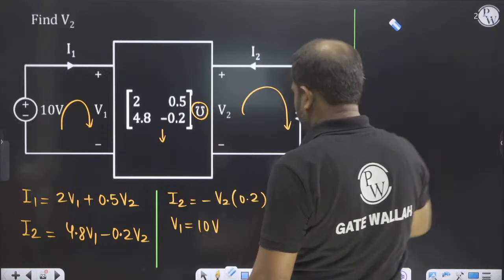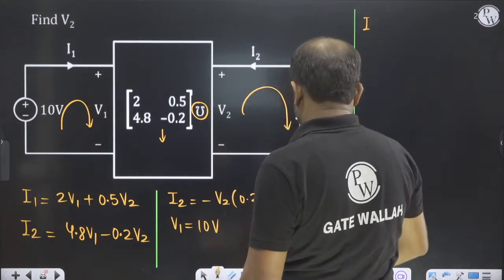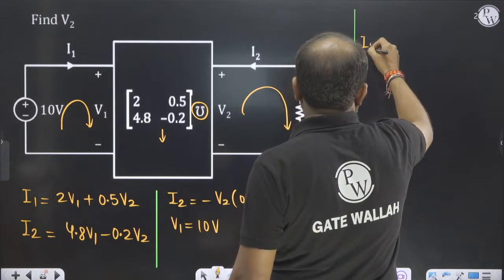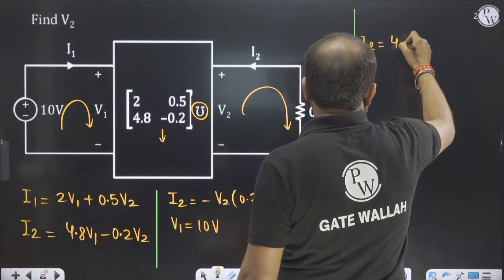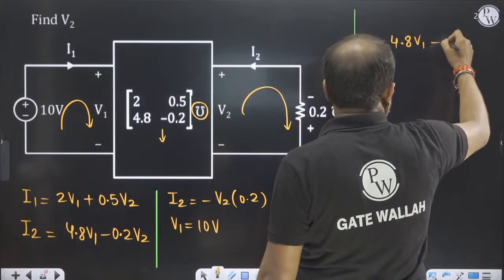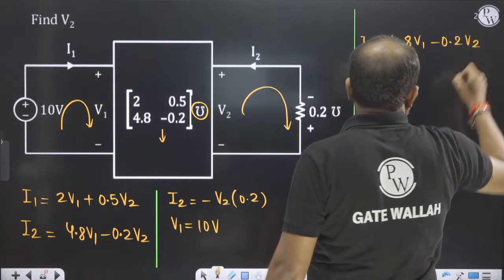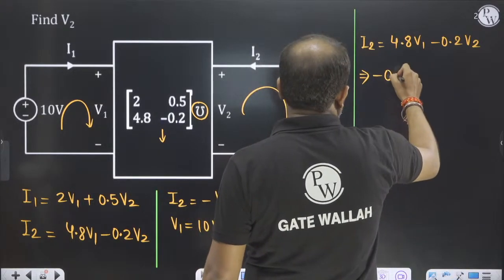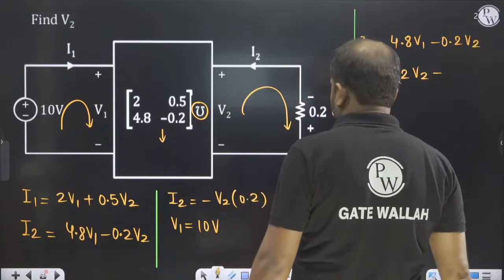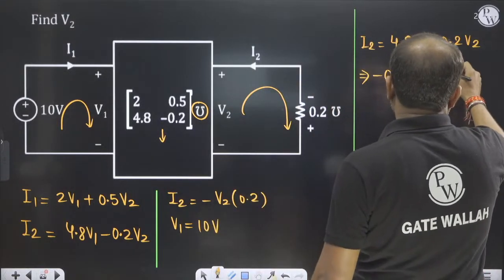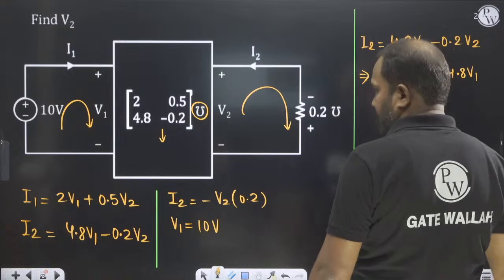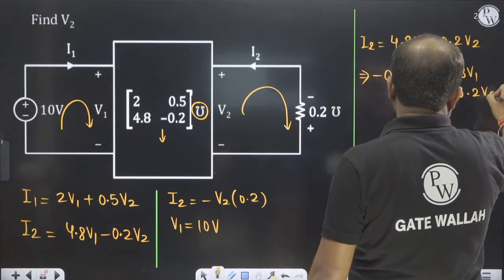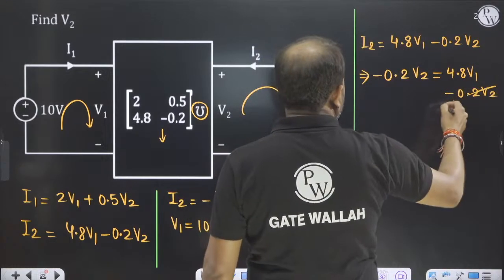As we know, I2 will be equal to 4.8 V1 minus 0.2 V2. So it will be written as minus 0.2 V2, and 4.8 V1, and minus 0.2 V2. So it will cancel out.